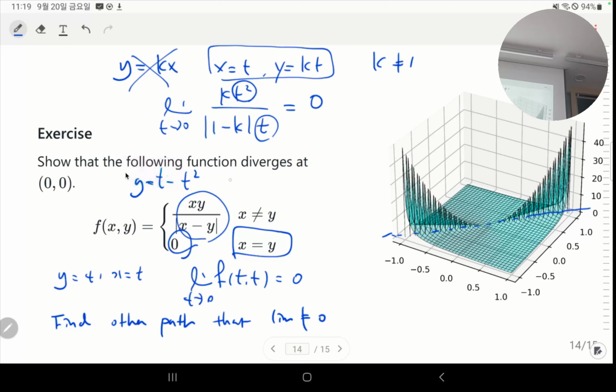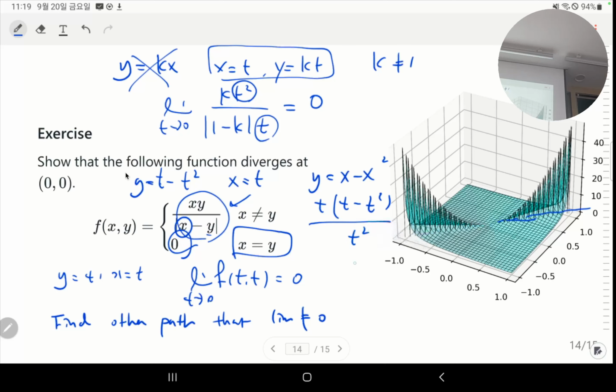So if I choose y equals t minus t squared and x equals t, that's basically the curve y equals x minus x squared. Then I also have to plug that in here. So I get t minus t squared divided by, here now t minus t cancels out. We only have t squared in the denominator.